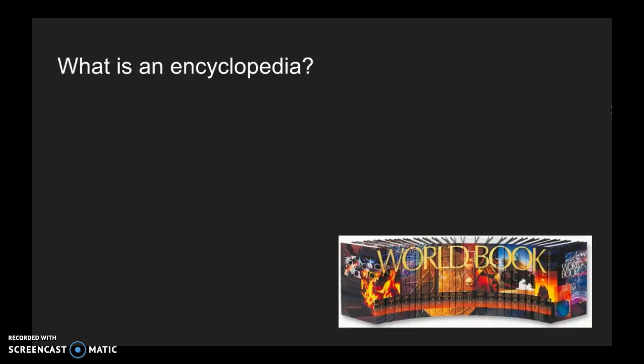Now let's switch and look at an encyclopedia. What is an encyclopedia? Well, an encyclopedia, instead of just being one book like a dictionary, is a set of many books. You can see in the picture that there are 22 books that make up that set of encyclopedias.